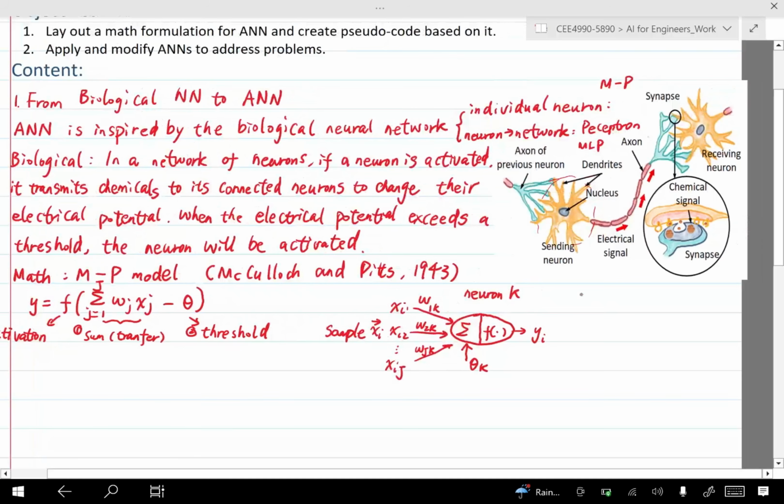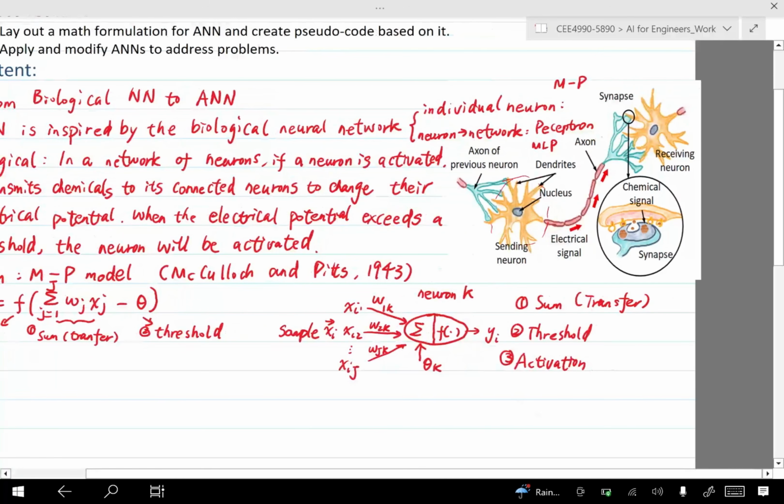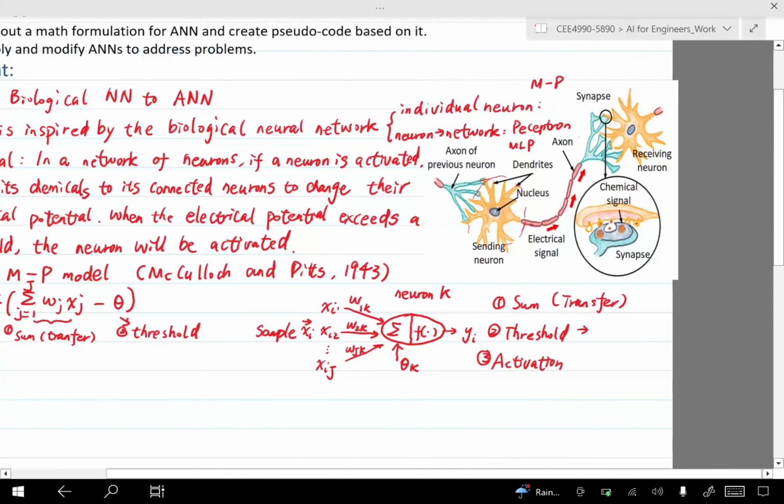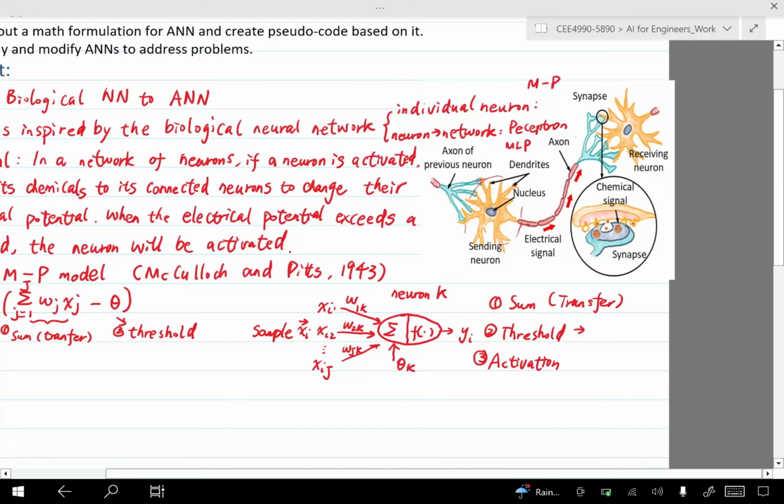Again, you can see that there are three key things. First, it's the sum or transfer step. Second, it's the threshold. And third is the activation. The summation is easy to understand. It's similar to what we did in linear models. So here we will not spend time on it. For threshold, we also had similar things before, just like the intercept we had in linear models.